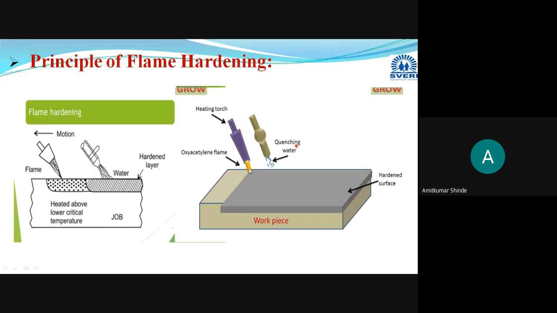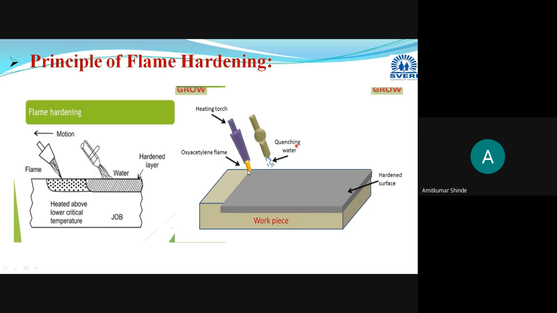With the help of that torch we are going to heat it. Hardened surface means you have heated it with this torch, and after heating you have quenched it with water.